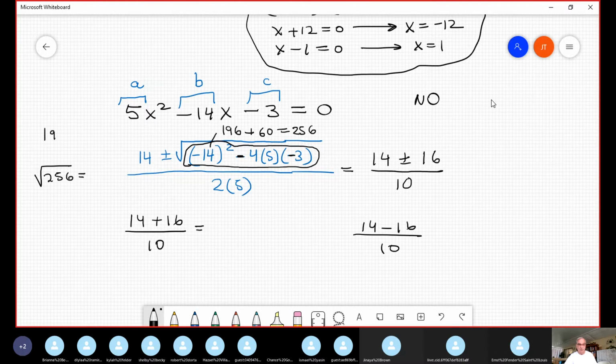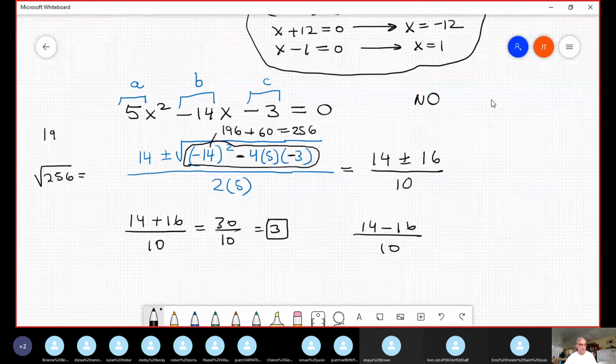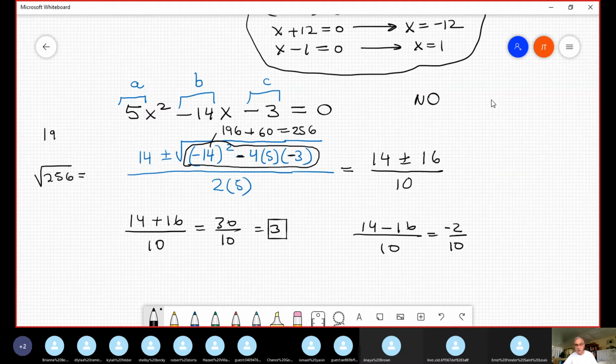This is 30 divided by 10, which is 3, my first solution. And my second solution is negative 2 over 10, and when you reduce to lowest terms it is negative 1/5. The solution set is 3 and negative 1/5.